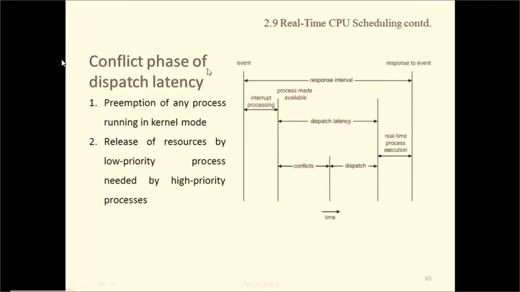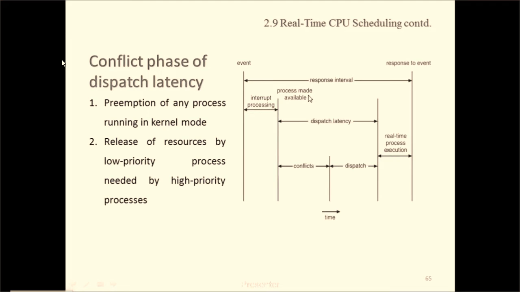Now what do you mean by conflict phase dispatch latency? As this is the timeline, left to right. Remember what has happened? An event has occurred, that is, an interrupt has come. As seen previously, the interrupt is processed. The process is made available.